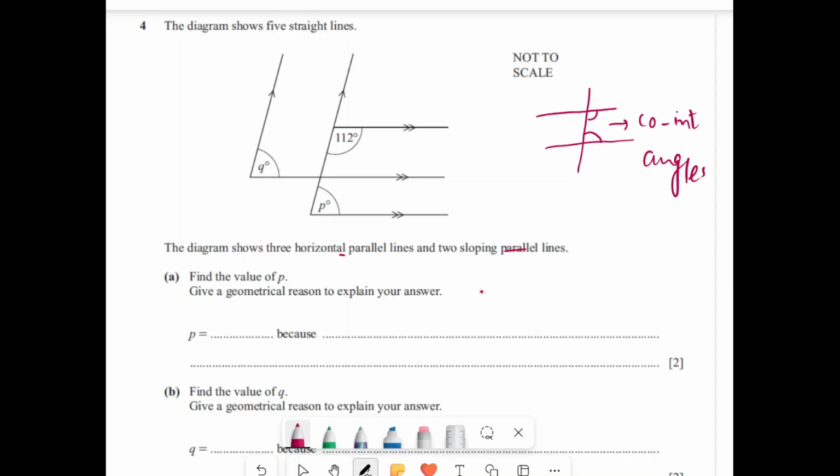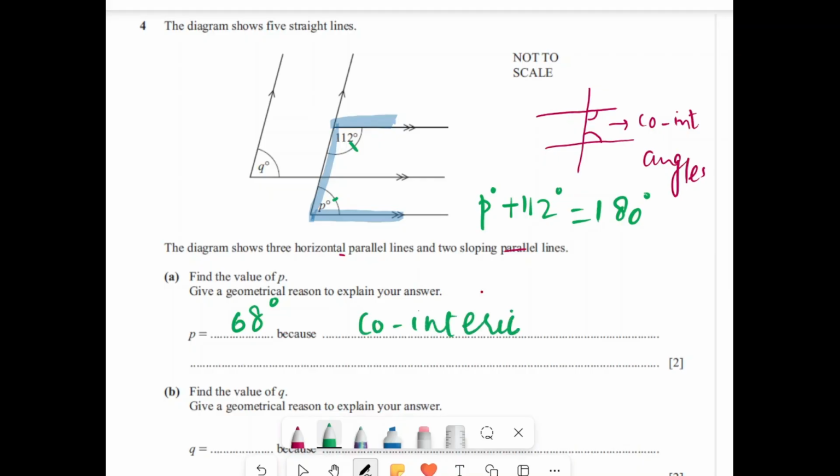So if we apply the same rule over here, on these 2 parallel lines and 1 transversal line, this angle and this angle must add up to 180 degrees. So P will be equal to 68 degrees because co-interior angles add up to 180 degrees.